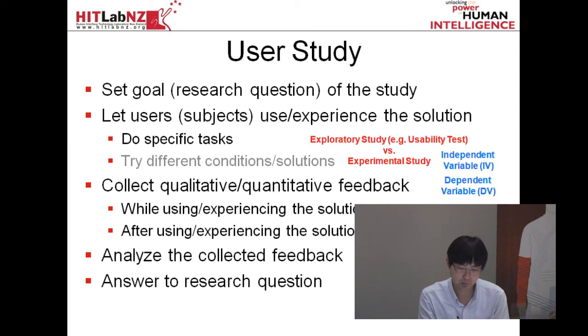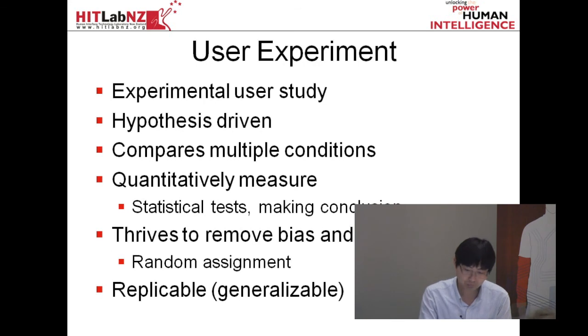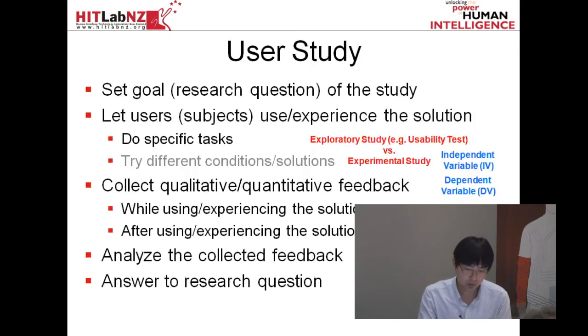In terms of that, we have to learn a couple of new words, or you might already be familiar with those terms, such as independent variables and dependent variables. By independent variables, we mean the treatments or conditions that differ between groups.